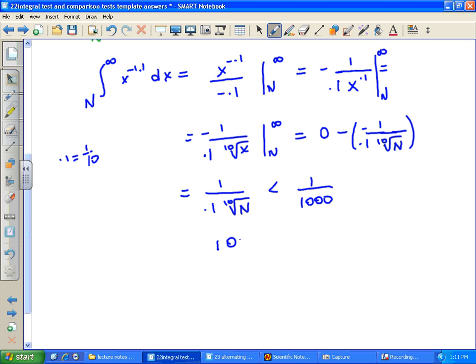So I have 1,000 divided by 0.1 is less than 10th root of n. Now what is 1,000 over 0.1? 10,000.